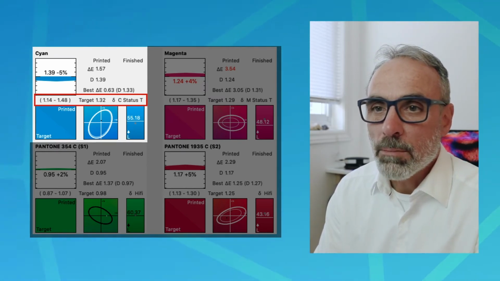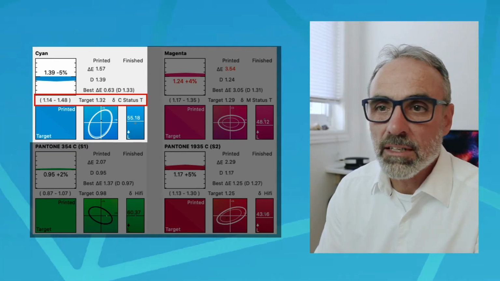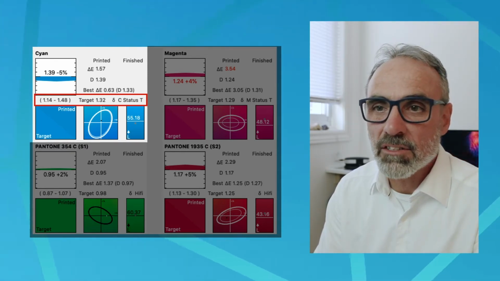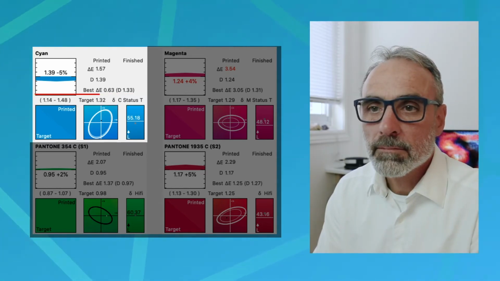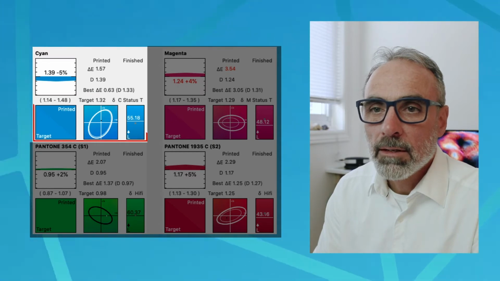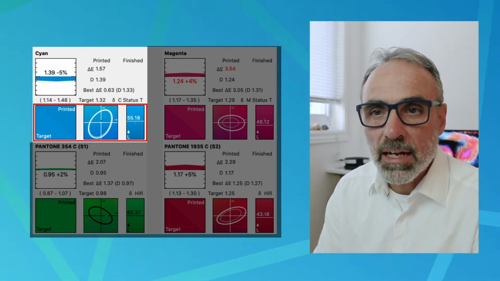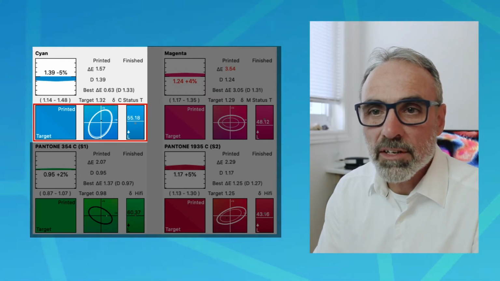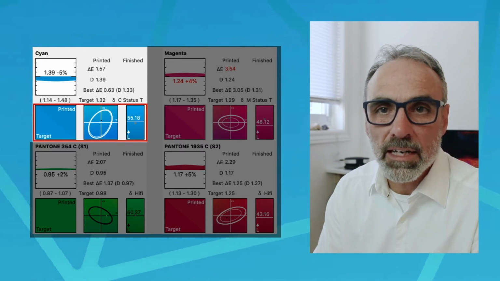Next to that, we have the status for the filter on the density. So this is the calculated density filter within the spectrophotometer. And below that we have three graphics. Simply on the left hand side we show the printed colour with a diagonal line separating it away from the target colour.